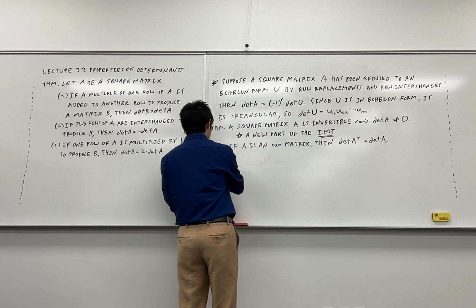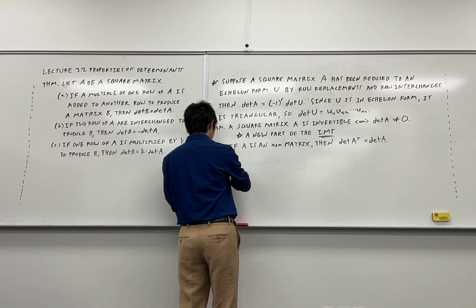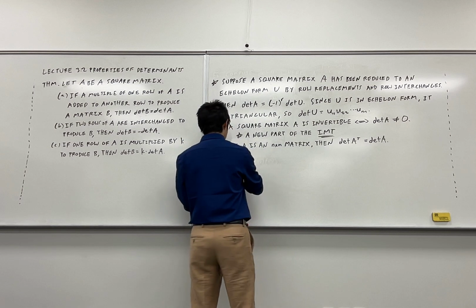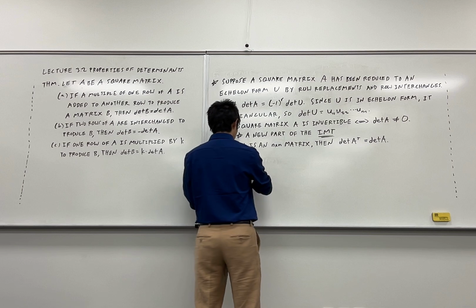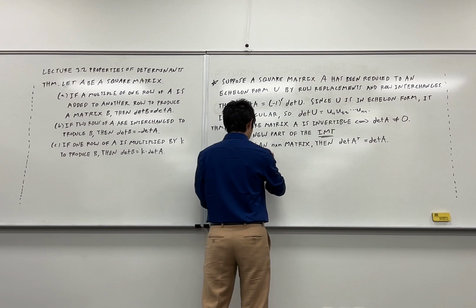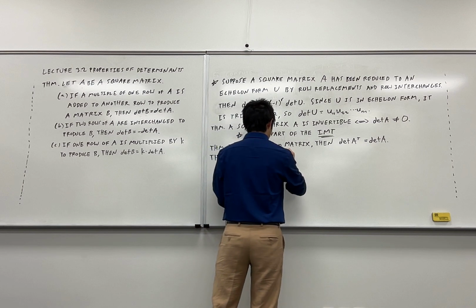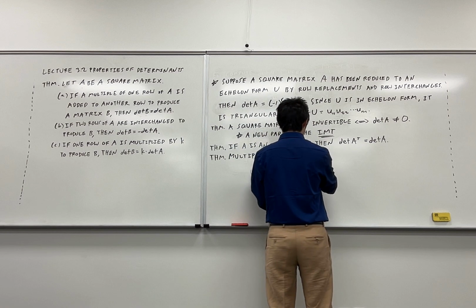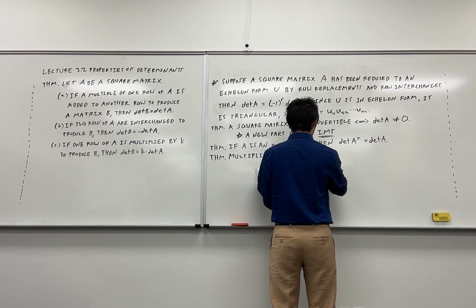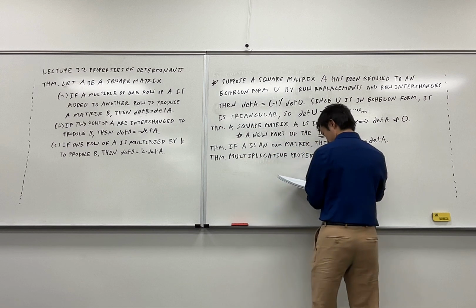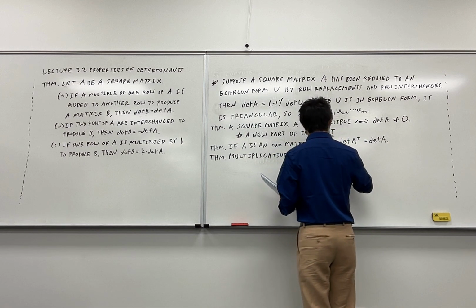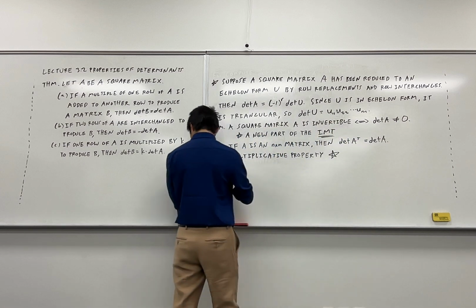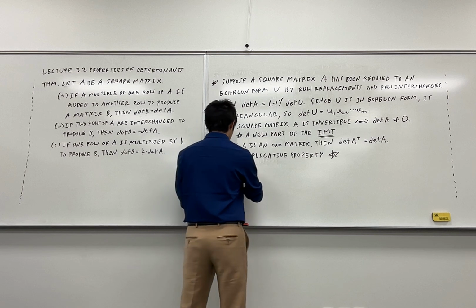Here's your multiplicative property. This is a huge one. You really want to know this. This is going to come in handy for proofs, so it's kind of a big deal, and it's good that it's simple.